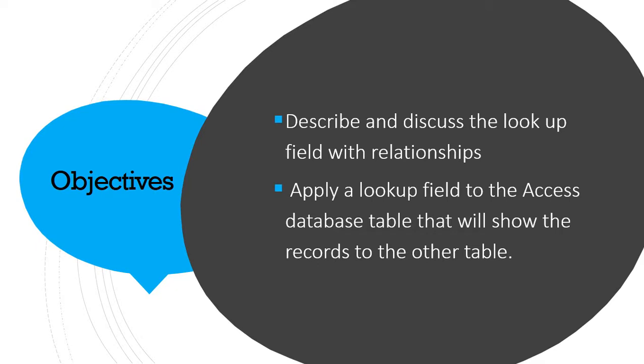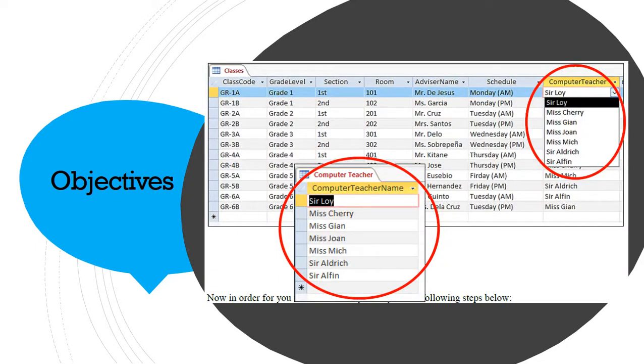Let's say for example, we have here two tables, the classes table and of course the computer teacher table. Since we have here the field names of the computer teacher table, ilulook up na po natin whatever will be yung value ni computer teacher table.